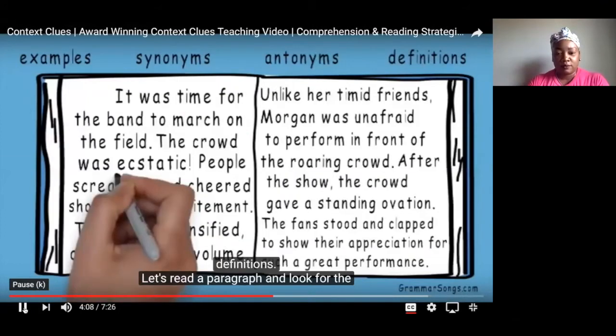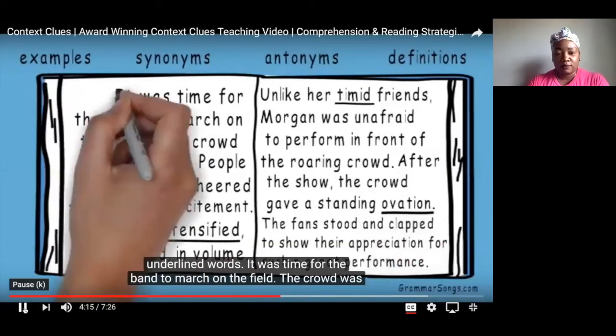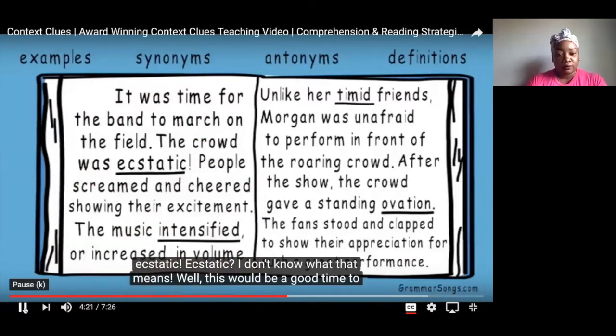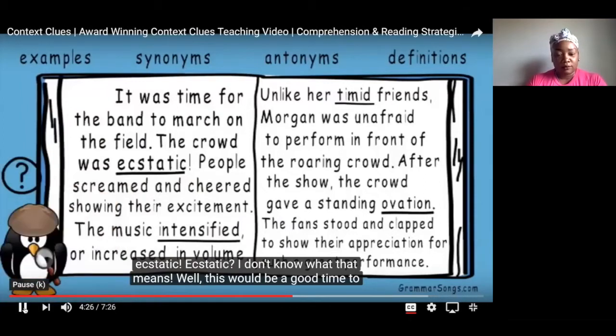Let's read a paragraph and look for the context clues a reader might find if he or she was unfamiliar with the underlined words. It was time for the band to march on the field. The crowd was ecstatic. Ecstatic? I don't know what that means. Well, this would be a good time to look for context clues.